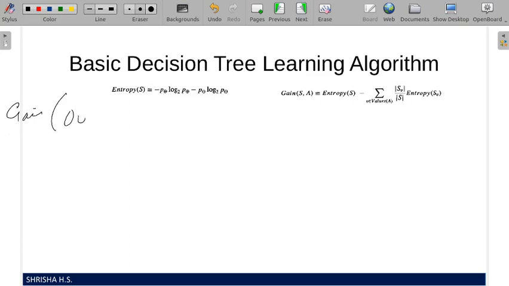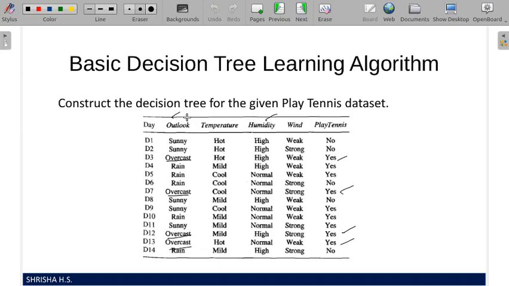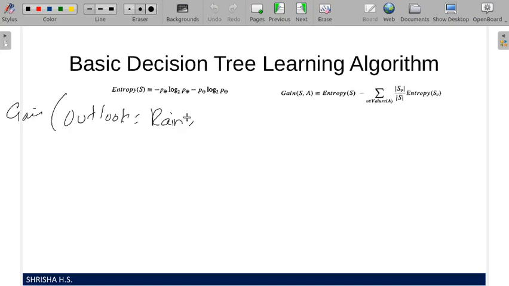Now we calculate the information gain where outlook equal to rain, and we can start with temperature. First we have to calculate the entropy of outlook equal to rain.